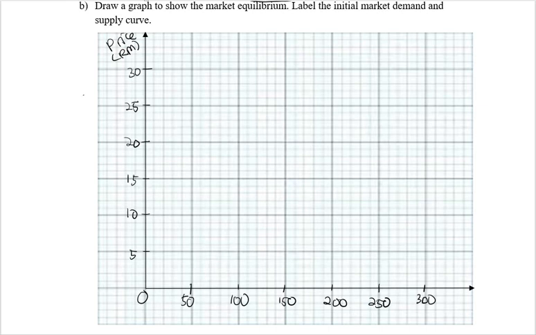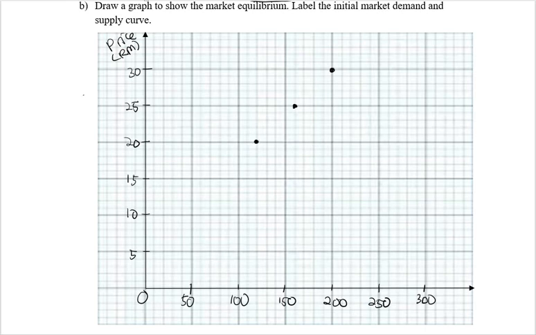When the price is 30, the quantity supply is 200. So this is your point here. And when the price is 25, the quantity supply is 160. This is actually from the table. You can refer to your table. And when the price is 20, the quantity supply is 120, which is here.